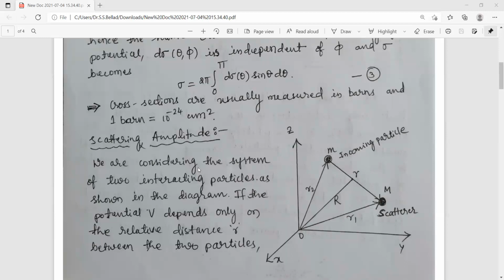So we consider the system of two interacting particles as shown in this diagram. If the potential V depends only on the relative distance, potential V means the potential which is spread around this scatterer.